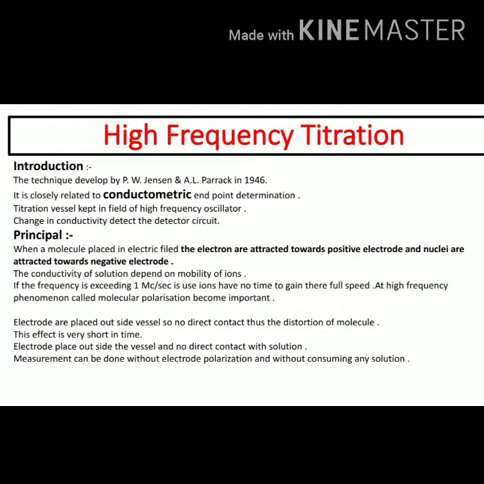So there is no connection between the electrodes and the solution, because the electrodes are outside the vessel. Our solution is in the glass and the electrode is put outside the glass. This is the main principle of high frequency titrations.